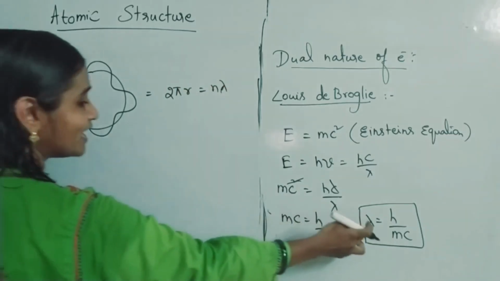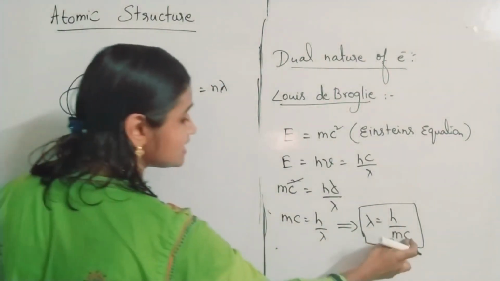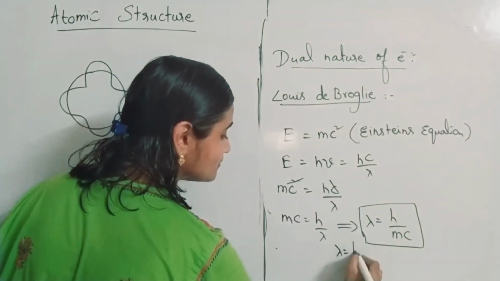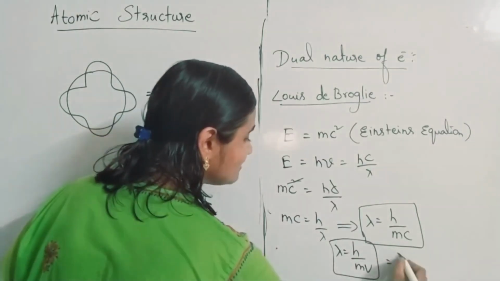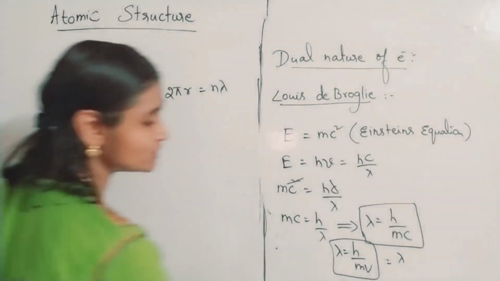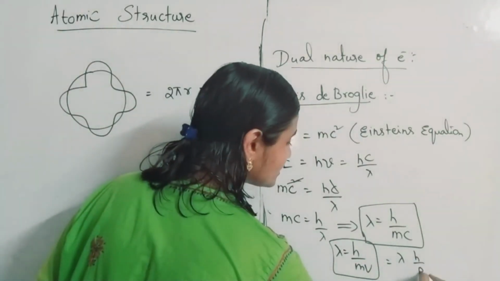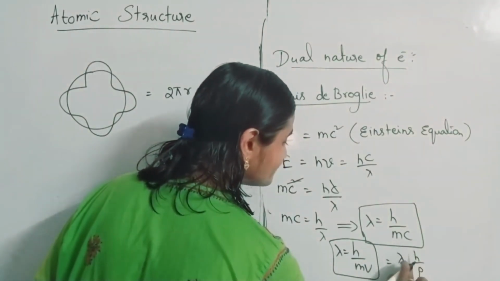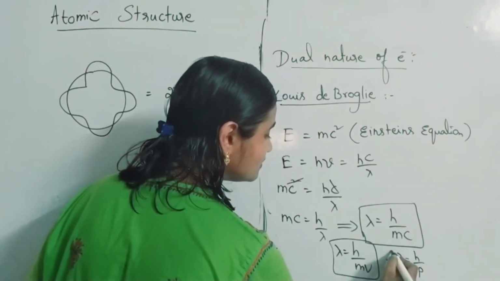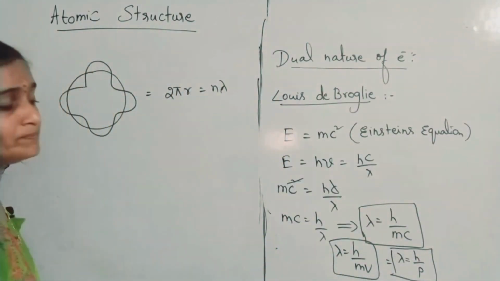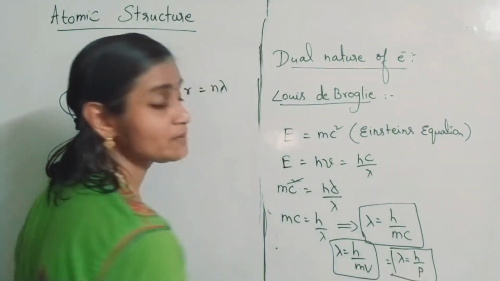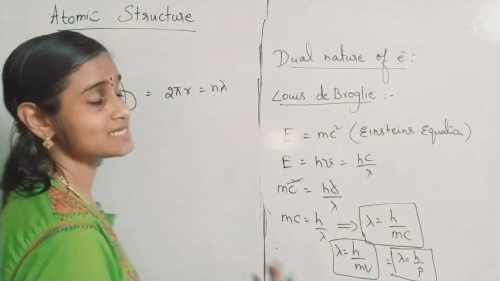But in place of lambda you can keep h by mv, or you can even keep h by p also. P stands for what? Momentum. Please remember, mv means momentum, mass into velocity. In place of mv, you can take p also, h by p, which stands for momentum.